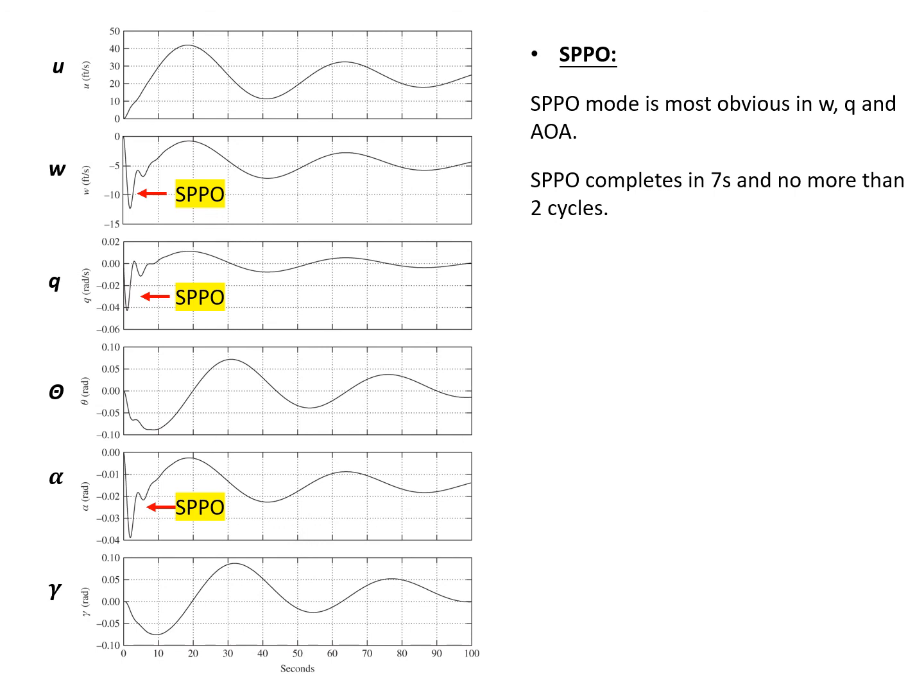In these three, the SPPO is most obvious, and perhaps you may say the pitching angle theta also has a slight undulation at the beginning. That's true. And the SPPO completes in 7 seconds, in no more than 2 cycles. So that's the observation of the front part of the 6 diagrams.